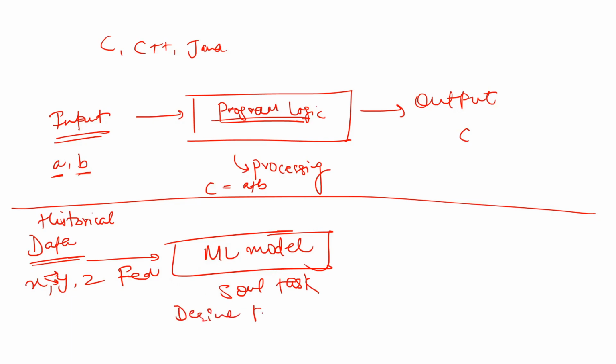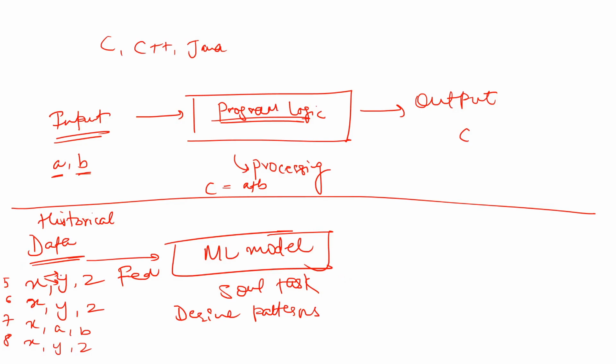Let's say on 5th of October, a person purchased products X, Y, Z. On 6th of October, a person again purchased X, Y, and Z. On 7th of October, a person purchased X, A, and B. And on 8th of October, the person again purchased products X, Y, and Z. The task of the ML model from here becomes to derive the pattern.